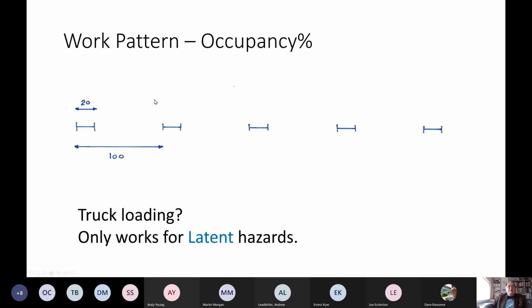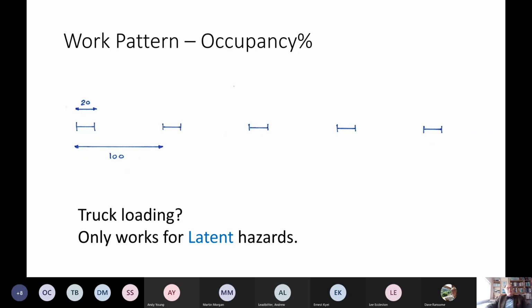So this simple percentage of time spent in the hazard zone only works for what I'm here calling latent hazards. Latent typically being flammable material releases or vapor clouds or pools, which only present a hazard to personnel in the event that they subsequently find a source of ignition.